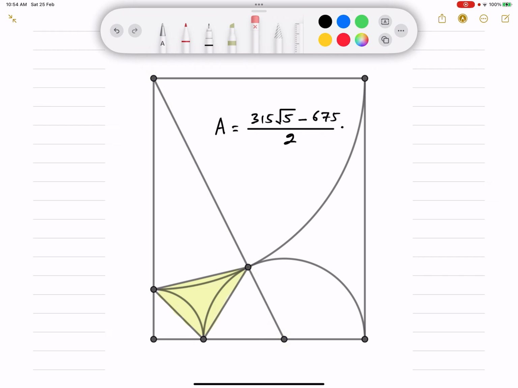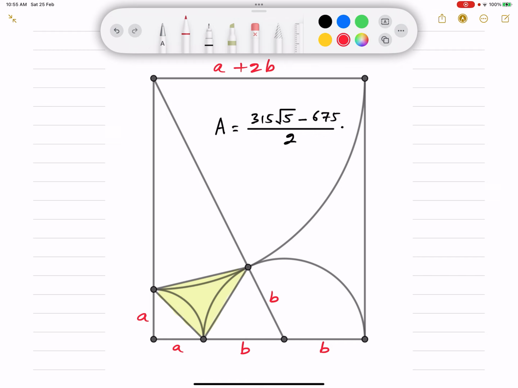For the small quarter circle here, I will assume that its radius is a, and that makes this a as well. The radius of the semicircle is b, so this makes b as well, and this is also a radius, so this is also b. That makes the width of this rectangle a plus twice b, so this side length here is equal to a + 2b.